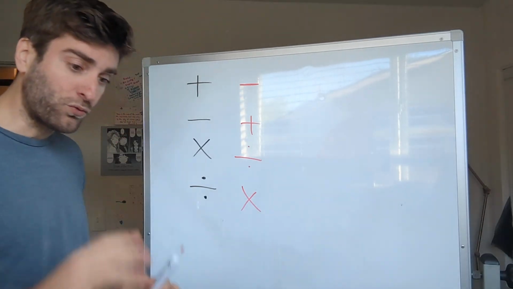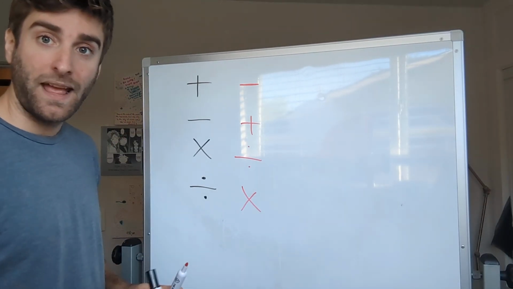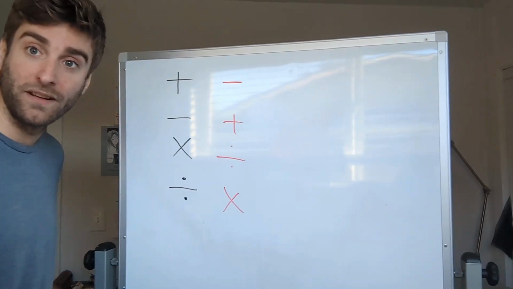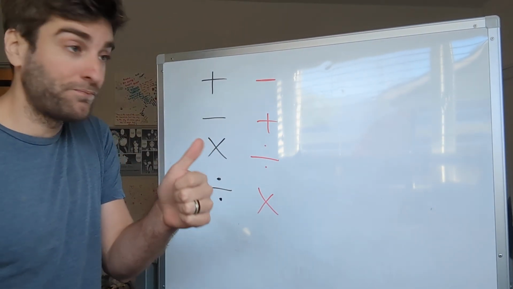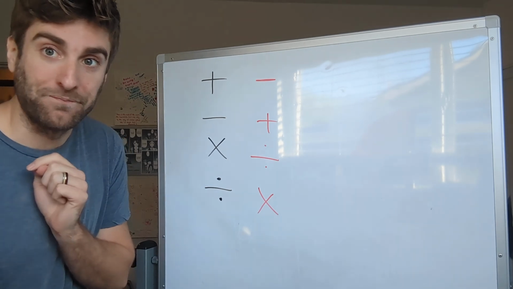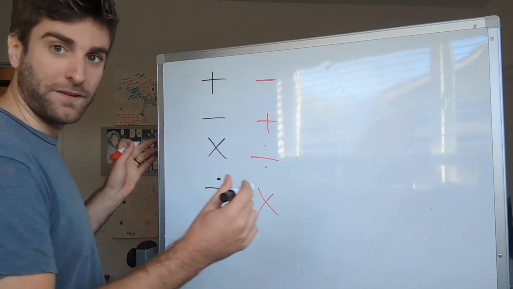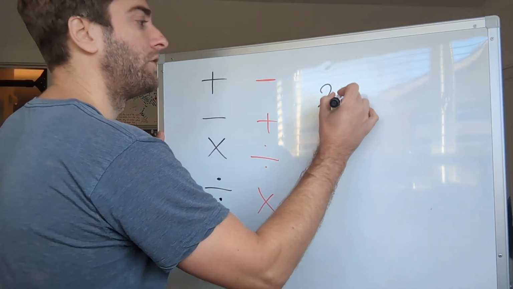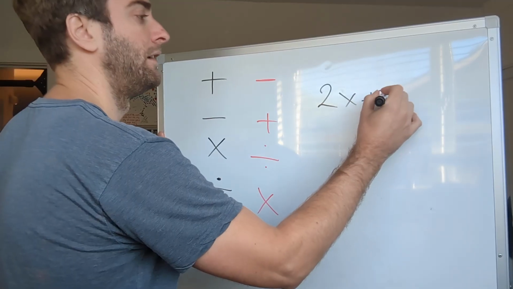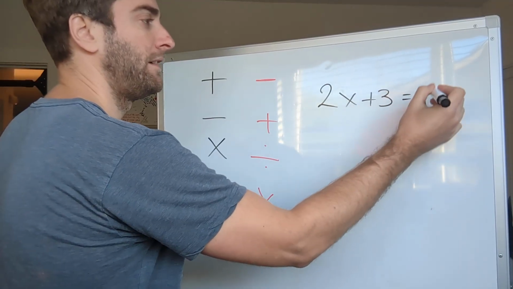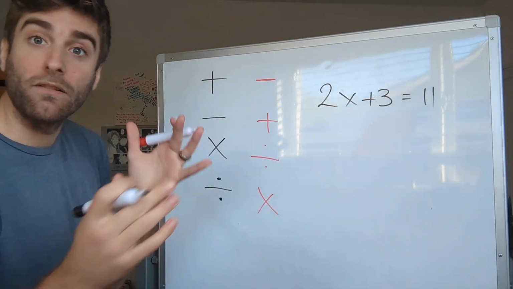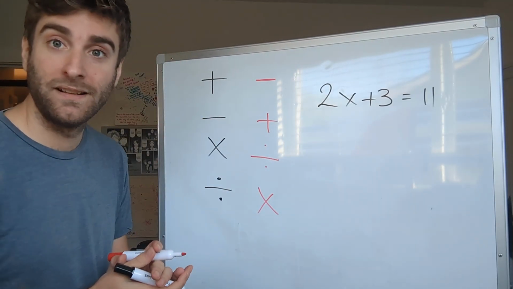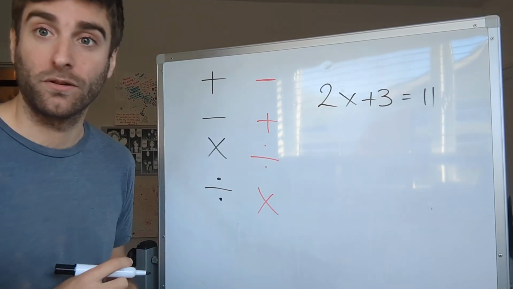So I'm going to write out a problem and we're going to solve it using reverse operations and opposites. Okay, here we go. Ready? 2x plus 3 equals 11. Here's an example of an algebra problem where we're going to be solving for our x.